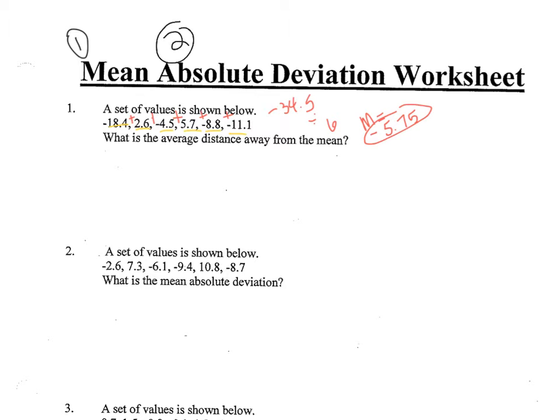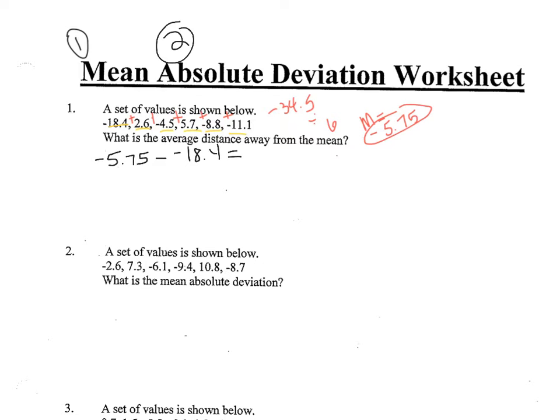We are going to do that just like on the last worksheet, where you subtracted and found the absolute value. This is the number we're using, the negative 5.75. So negative 5.75 minus, and we're going to go through every number in the list. The first one, minus negative 18.4.